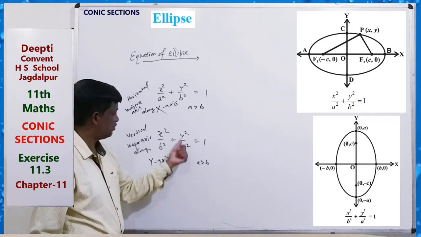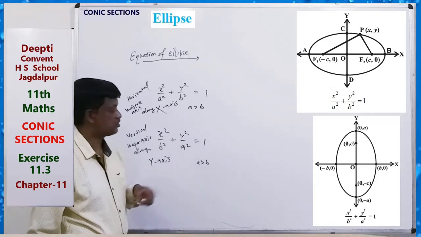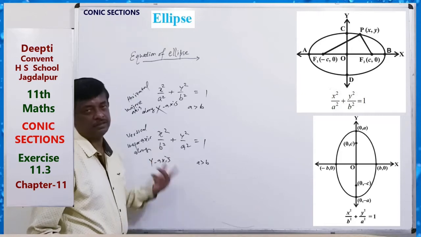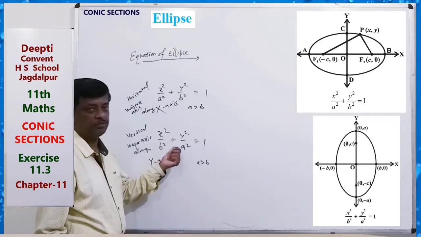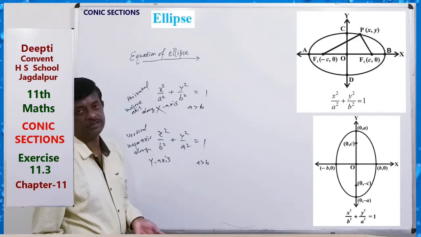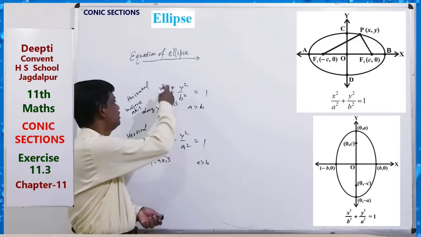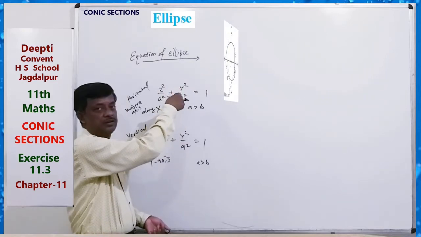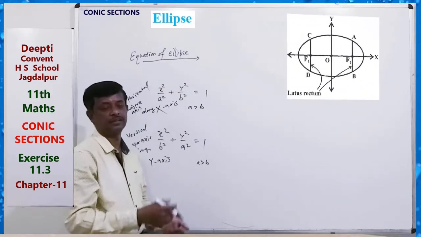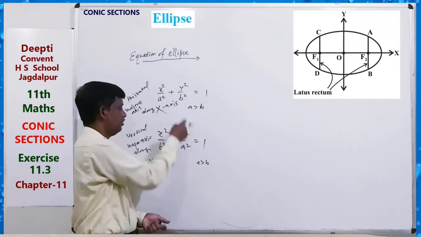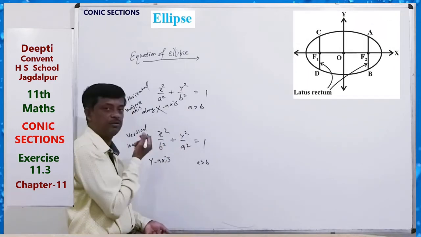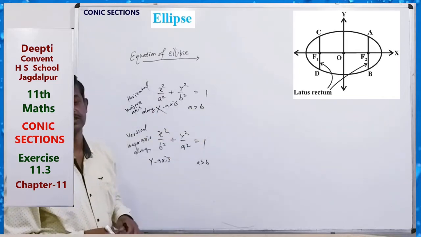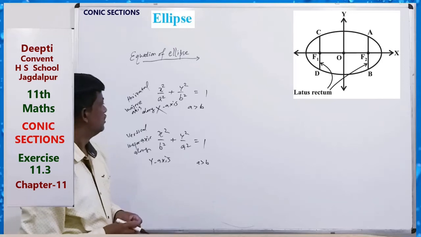Here, if a is greater than b, meaning the denominator of y square by a square is greater than the denominator of the other, then the axis will be along the y axis. So after writing in this format, just by seeing which denominator is greater, if this is greater, then along the y axis. If this is greater, along the x axis. Also you can see in the diagram.